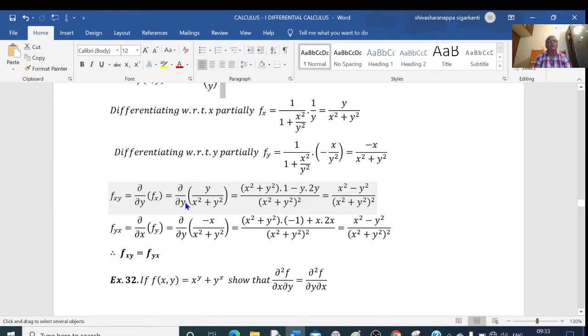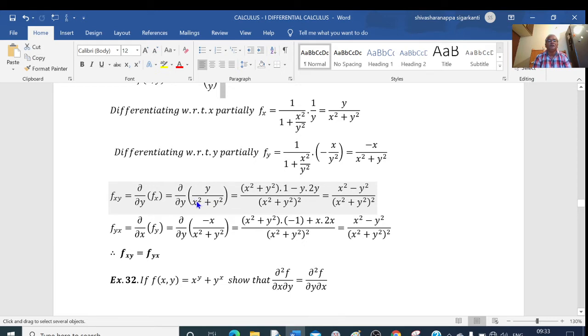So we are differentiating with respect to y. Here in the denominator we have denominator square, x square plus y square whole square. Coming to the numerator, denominator x square plus y square into derivative of the numerator, derivative of y is 1 because we are differentiating with respect to y, minus numerator y into derivative of the denominator.